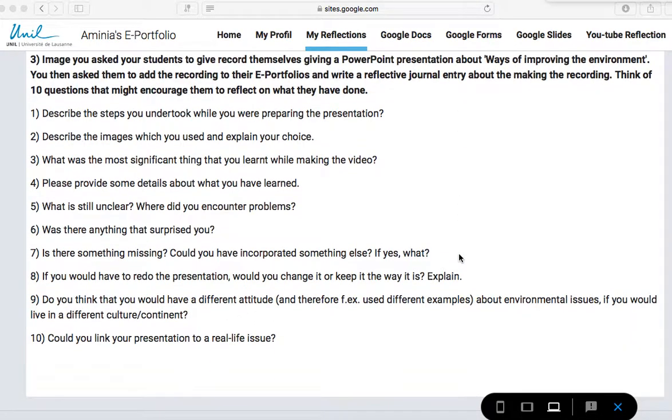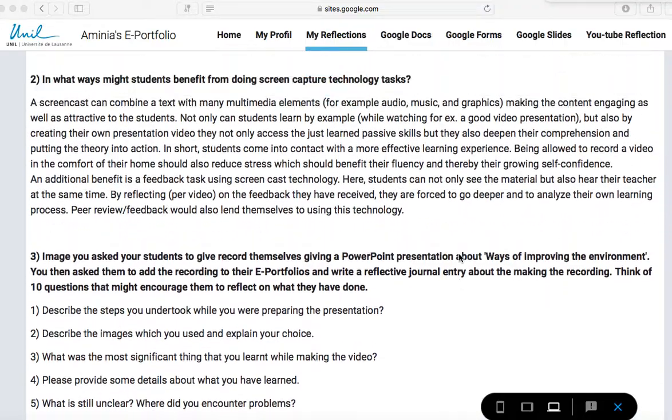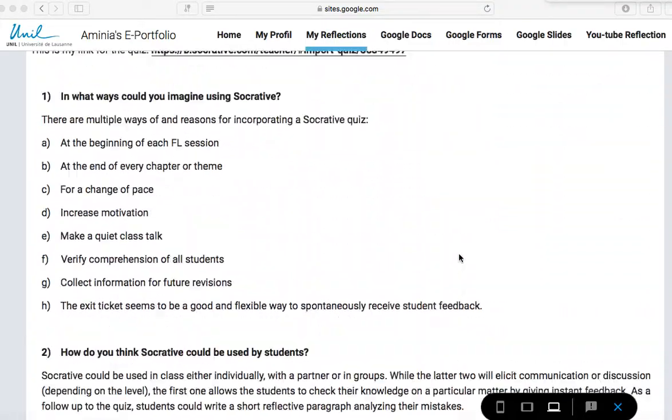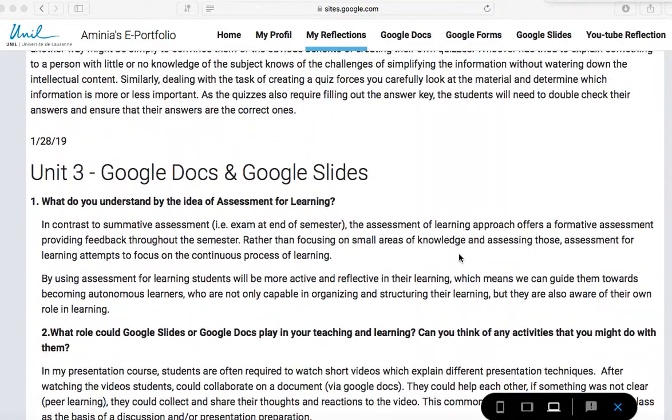I think every different unit helped me to approach this whole concept of flipped learning, and the evaluation and assessment part of it, in a slightly different way. So looking back at it now, it creates a nice coherent whole, which I like.